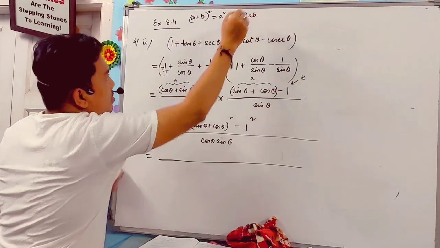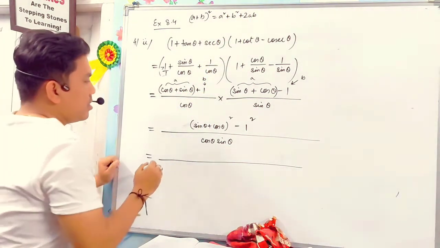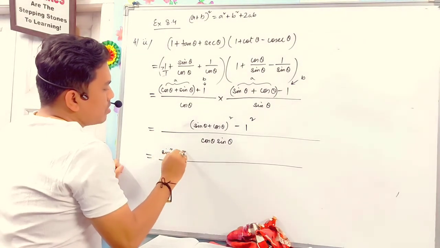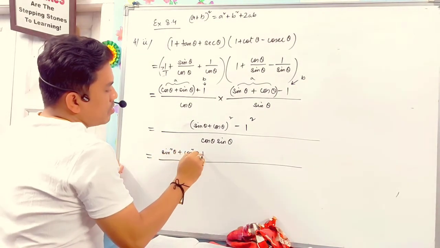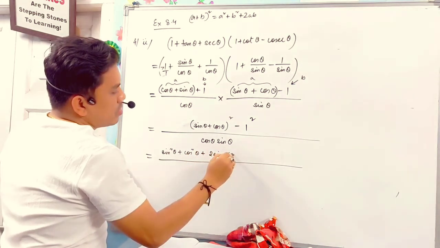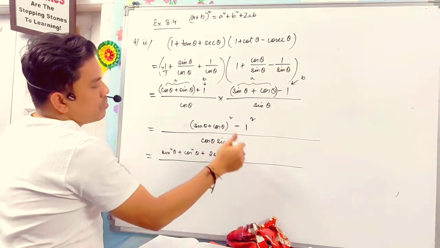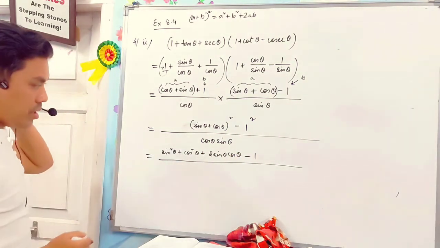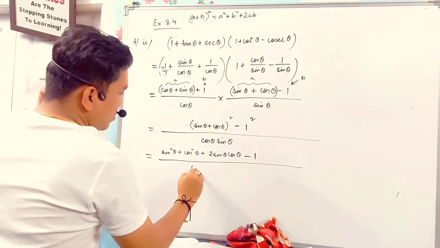Can we write? We can write, isn't it? So here also we will write sin square theta plus cos square theta plus 2 sin theta cos theta. In place of 1 square, can we write 1? Because 1 square is 1.